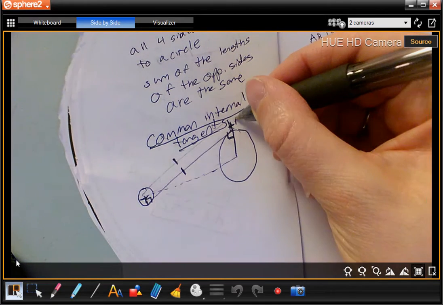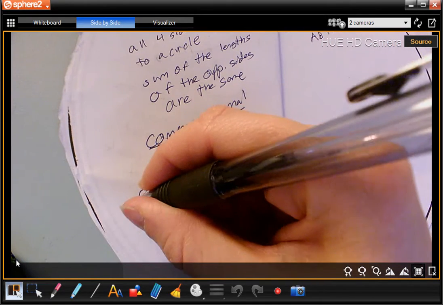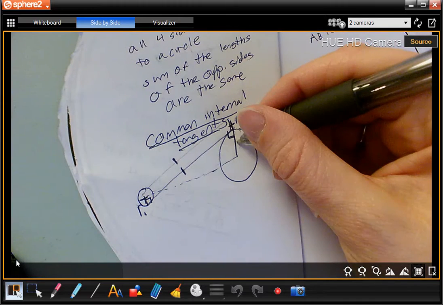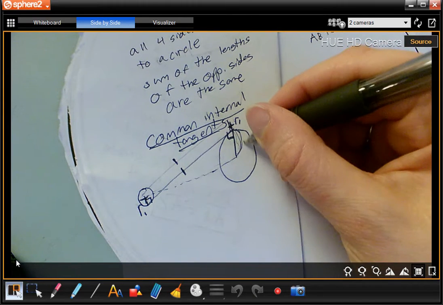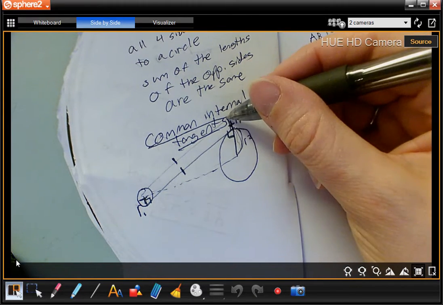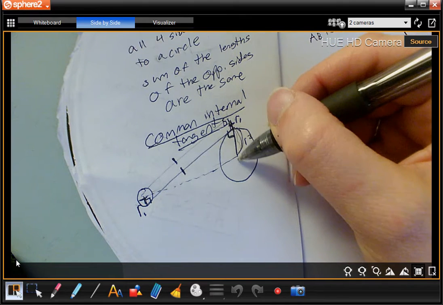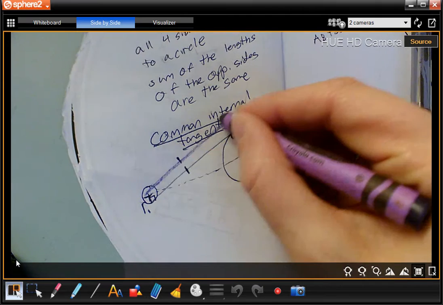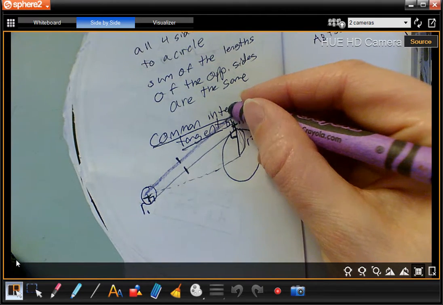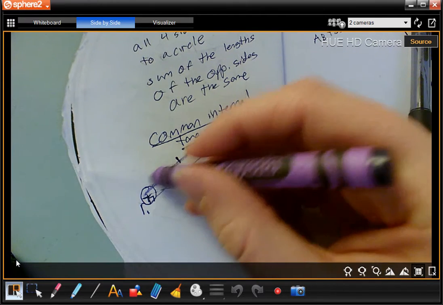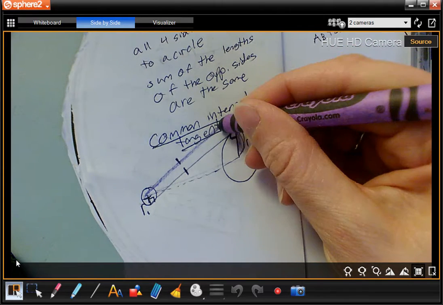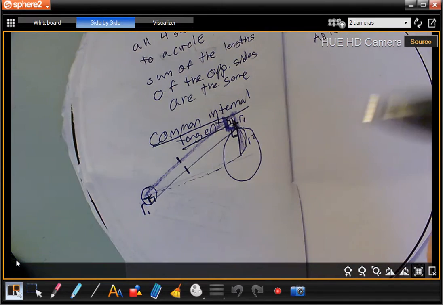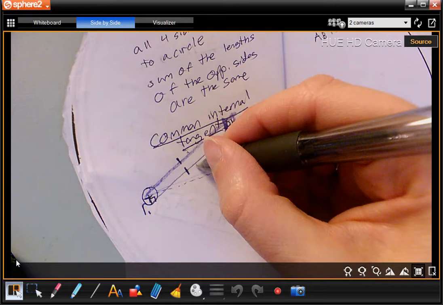So remember, this is the first radius, radius 1. This over here, that's radius 2. But then we can make this a whole right triangle right here. I'm going to kind of outline this in purple. This ends up being a right triangle right here, where these two match.